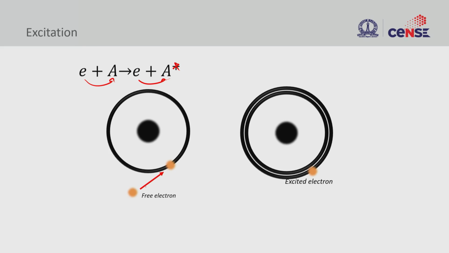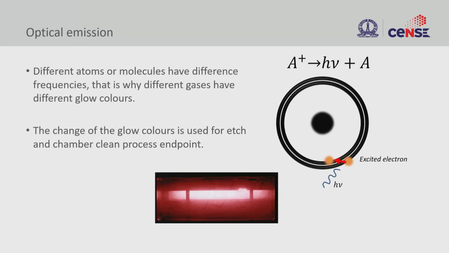So what you see here is a free electron giving energy to this, and then the electron is excited to a different level, and then it will radiate back, and when it radiates back, it gives off a photon here. And this photon is what gives color.